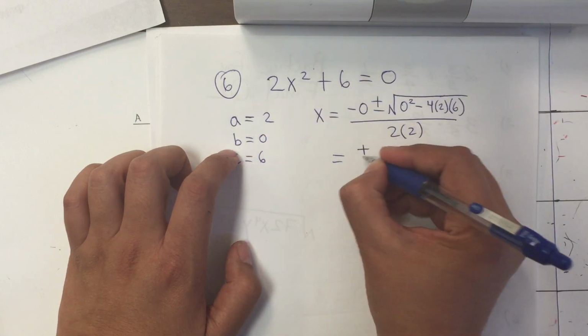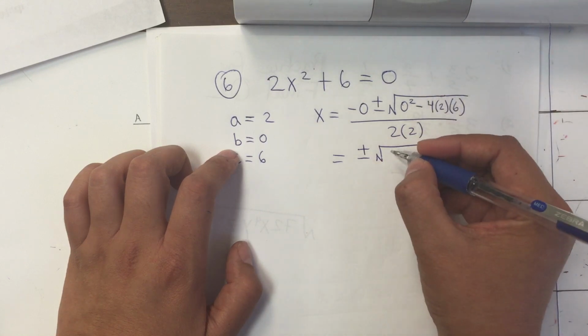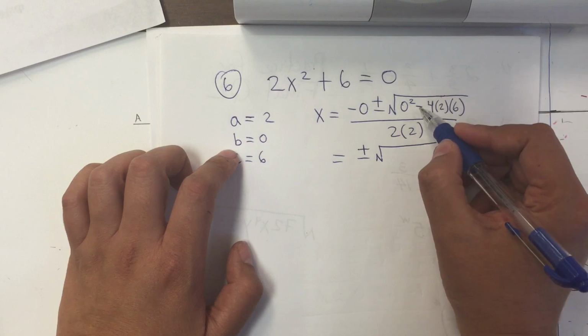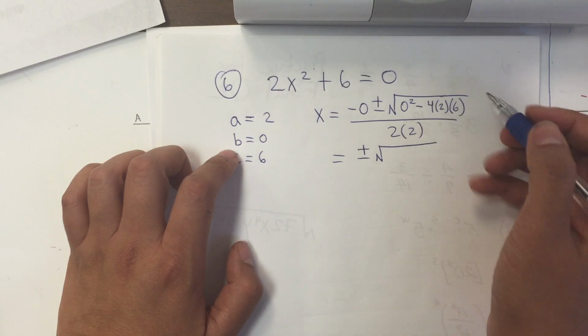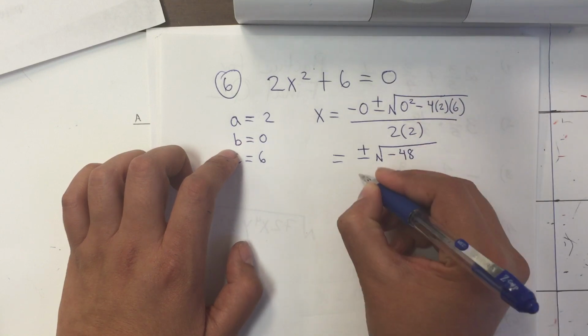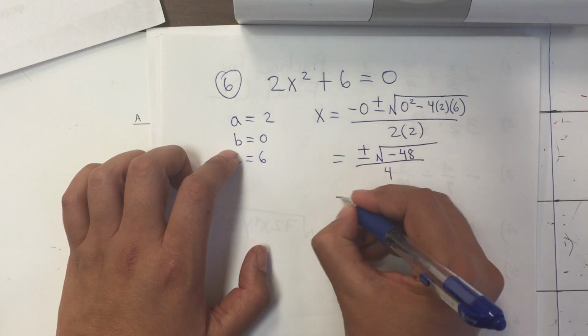So you're just going to have plus or minus the square root of 0 squared is 0, and then negative 4 times 2 is negative 8, times 6 is negative 48, all over 2 times 2 is 4.